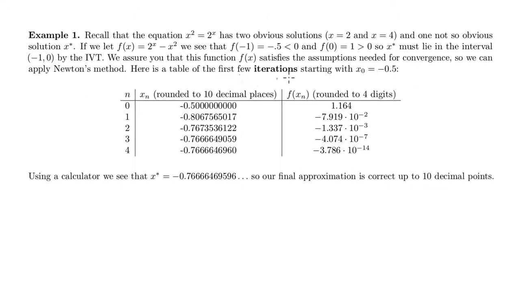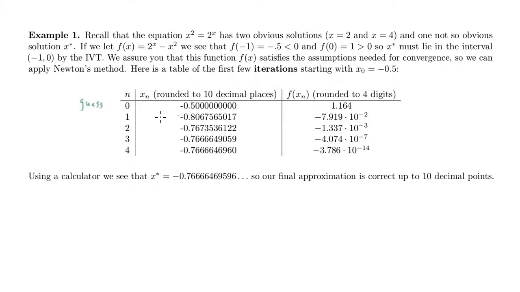And here's the table of the first few iterations. We started with x0 equal to -0.5. This was my guess right here. The x sub 0 really is just a guess. I just picked the midpoint of the interval that I knew the zero had to lie in by the intermediate value theorem.